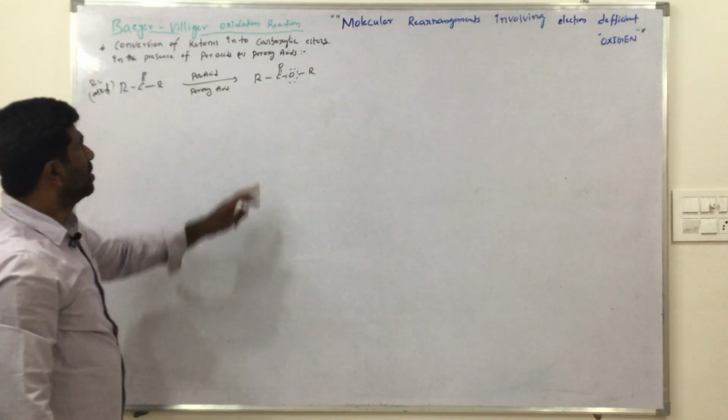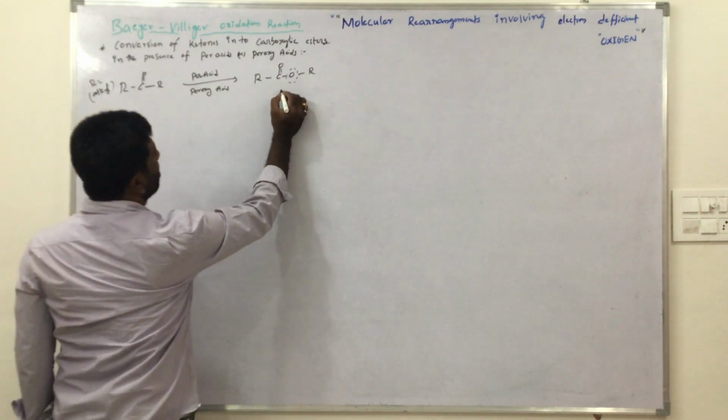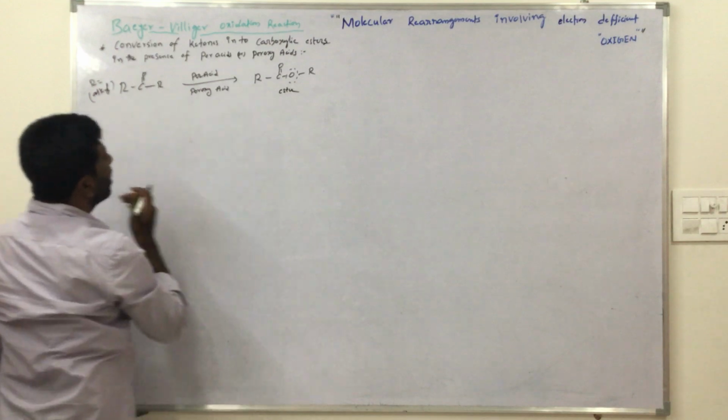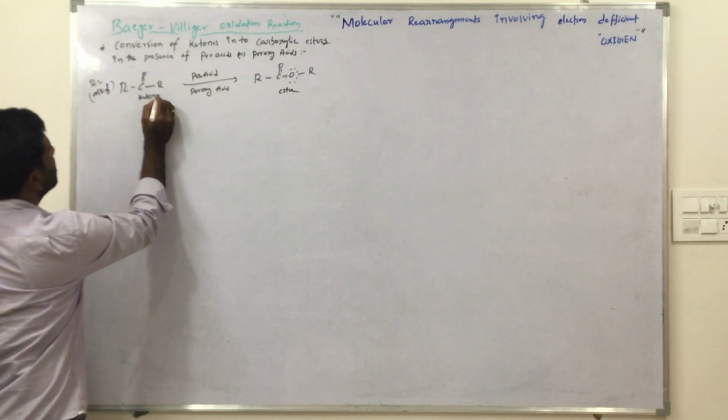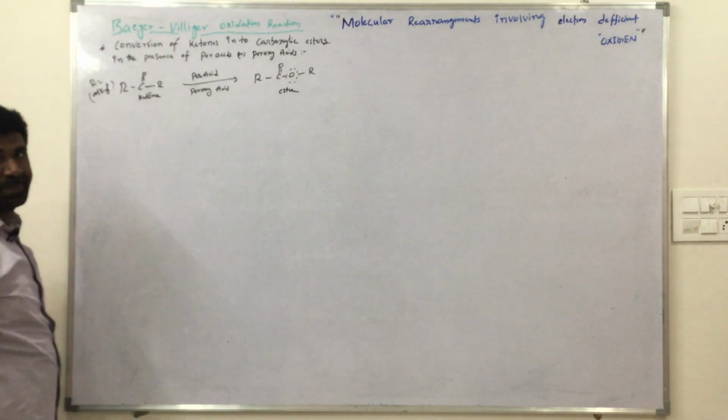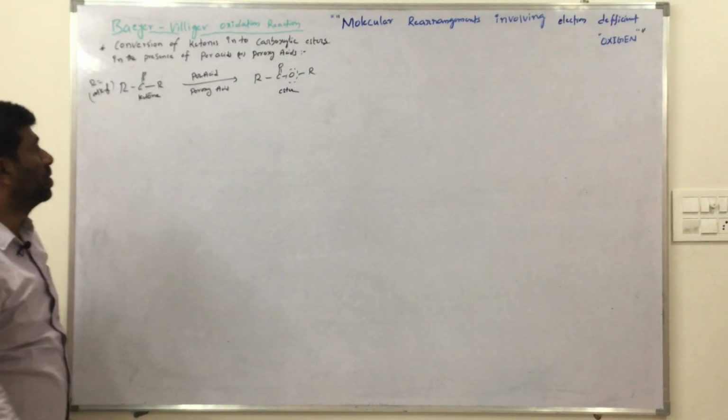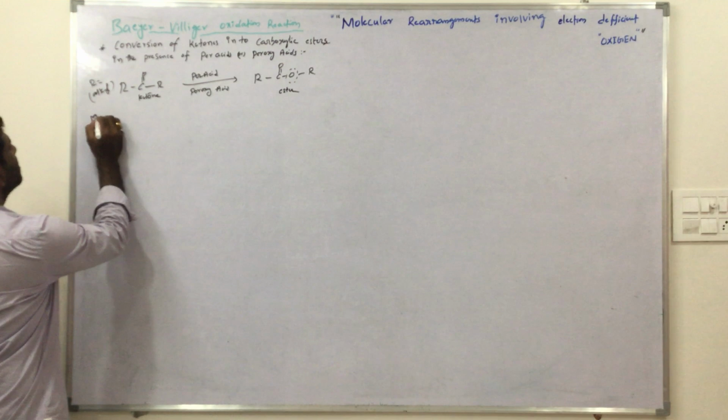This is the ester compound, and this is the ketone. Clear? Now, mechanism.